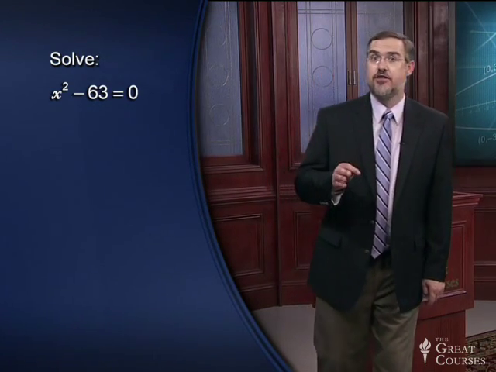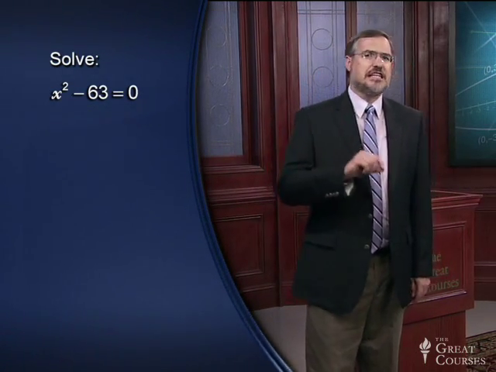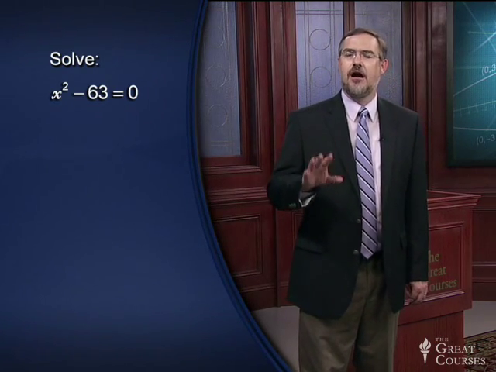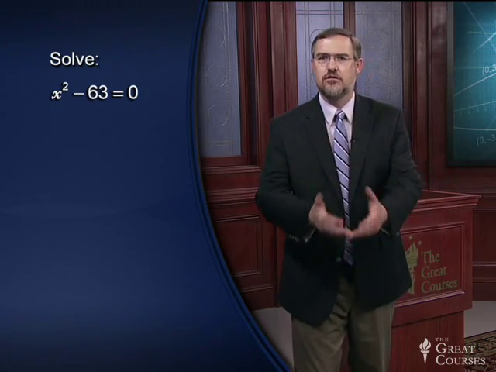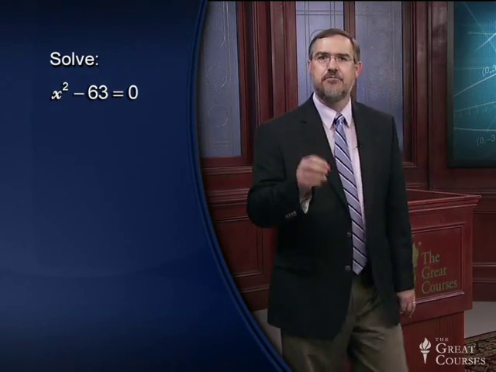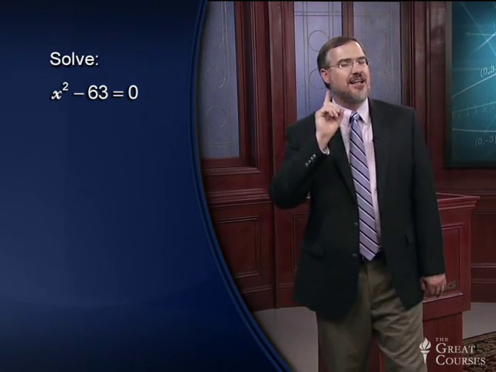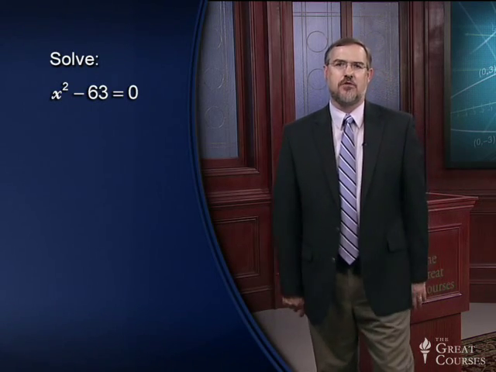Now, I know the x squared is a perfect square because it's x times x. But 63 is definitely not a perfect square. But that's not a problem. We can actually keep moving forward with the square root tool if we'd like. The key is that we're missing an x to the first term. And that's the real hint that the square root tool is the right thing to do.